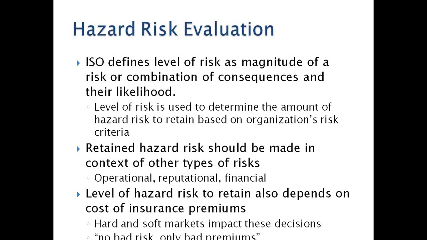So if you think of supply and demand, in a hard market you're going to pay much higher prices, whereas in a soft market, essentially because there's a lot more competition, rates are going to be lower. And so in a soft market, because rates are lower, you may want to go ahead and buy a lower dollar amount because it's more affordable. But in a hard market, it may make more sense to retain risk because the premiums will be much higher in a hard market.